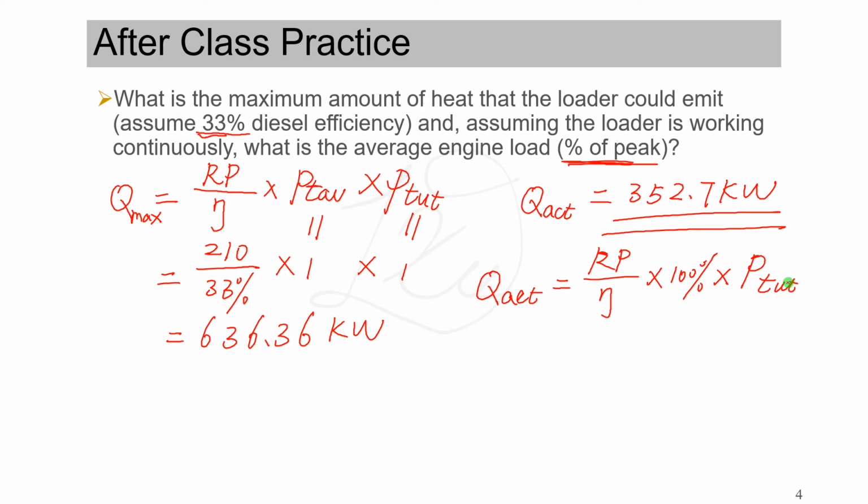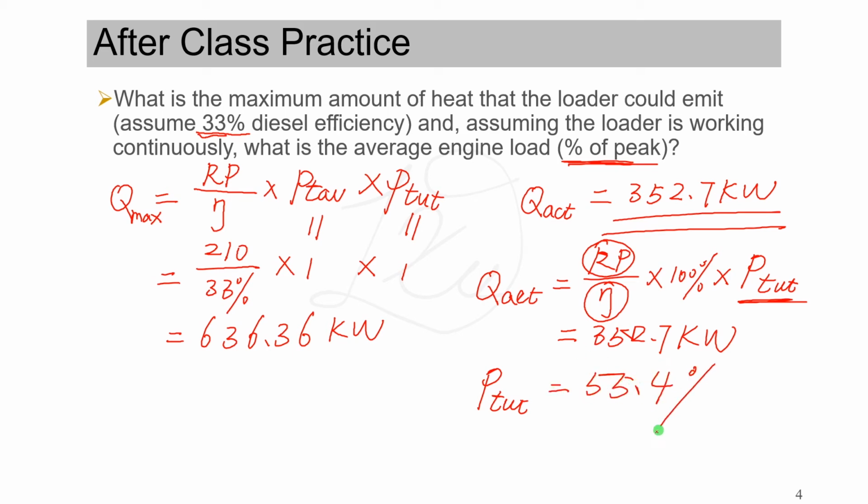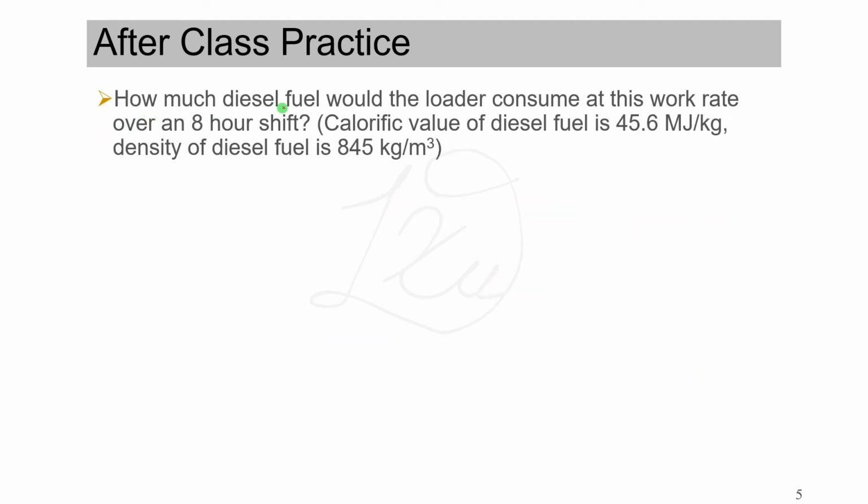So 352.7 kilowatt equals the rated power of 210 kilowatt divided by the efficiency of 33%, times the utilization. We can plug in the numbers and solve for the engine load. So the utilization equals 55.4%.